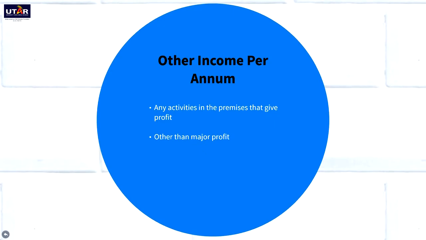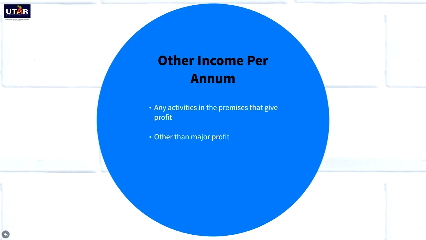Other income per annum includes any activities on the premises that give profit to the business other than the major profit. For example, if you are valuing a hotel using this method, your main income will be income from the rooms.